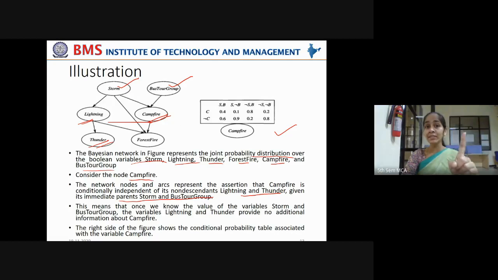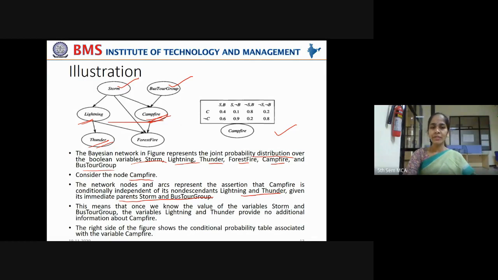But it is dependent, because storm and Bus tour group are parents of campfire. When you calculate the probabilities, you will come to know whether it is increasing or reducing the probability. But there is a relationship, that much we can say from the network.